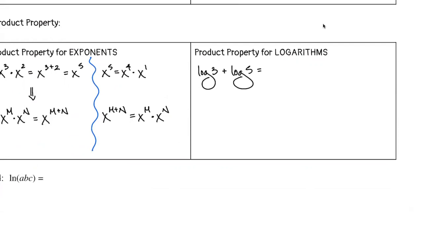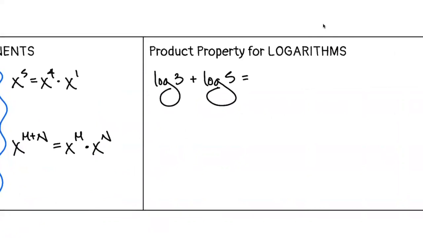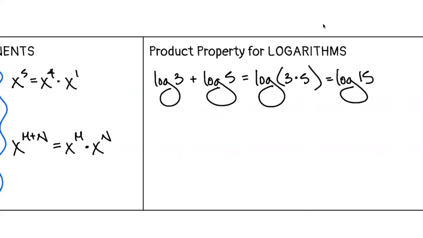And I don't mean as a decimal, I mean like as a concept. Good, we could end up with log of 3 times 5. Or we could say that's log 15.